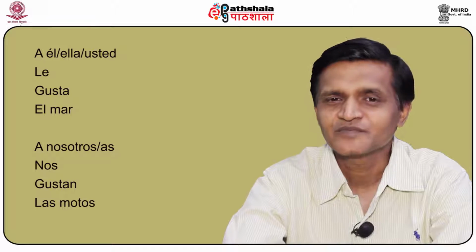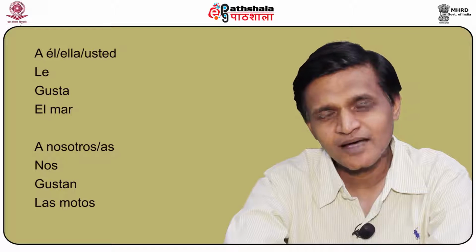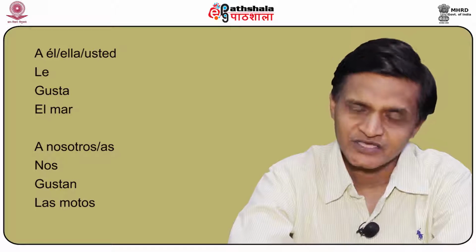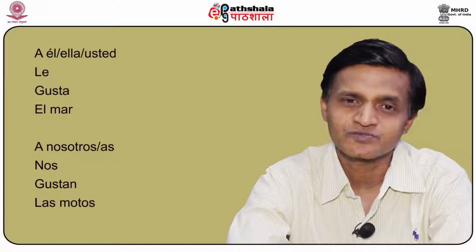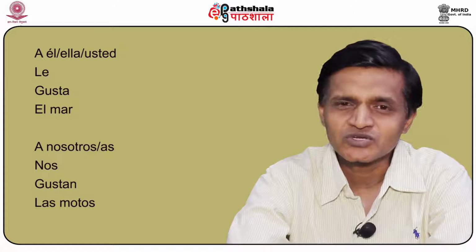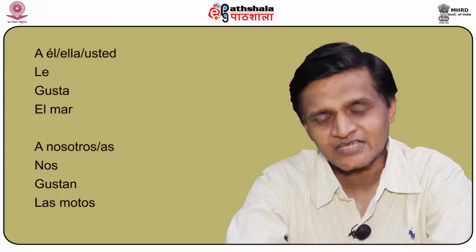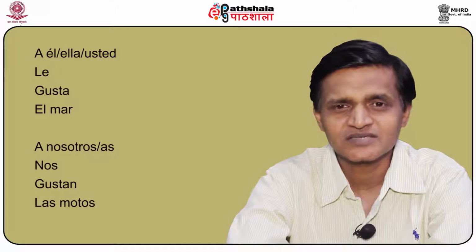So we can see the gusta in el mar becomes le gusta el mar, and in case of las motos it becomes nos gustan las motos, because el mar is the one according to which gustar gets conjugated, and las motos is the one according to which the gustar gets conjugated.